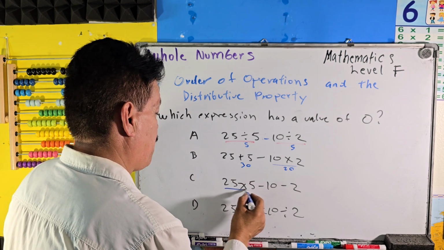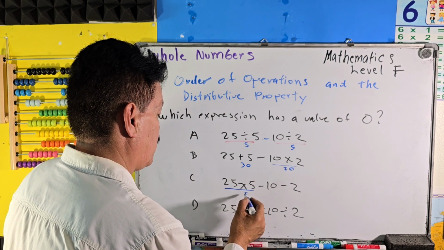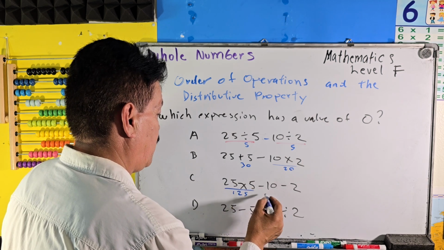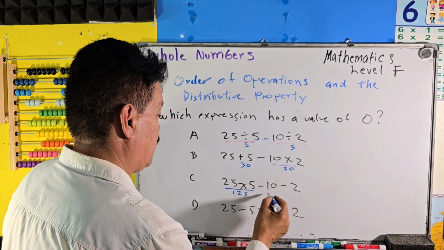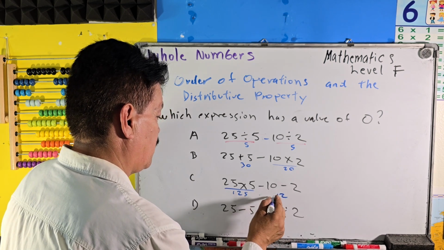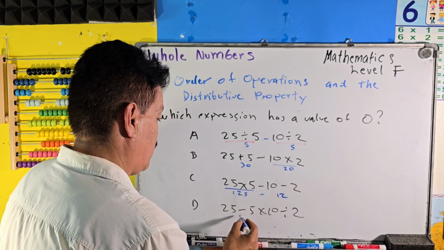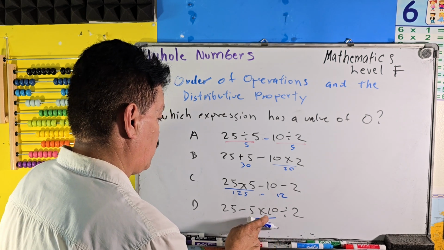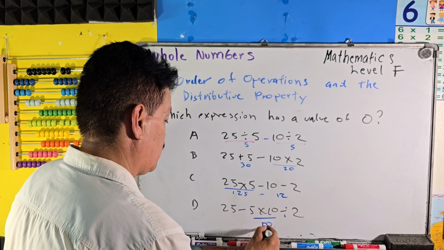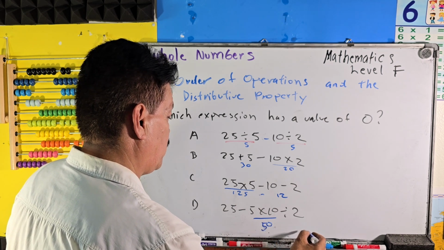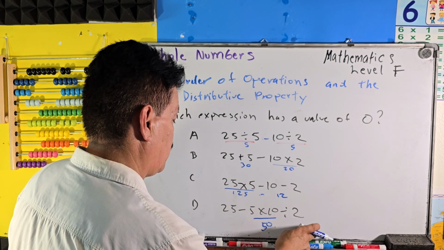Here, minus 12. 12 is 20, no, 50. And then 50 divided by 2 is 25. Here is 25.